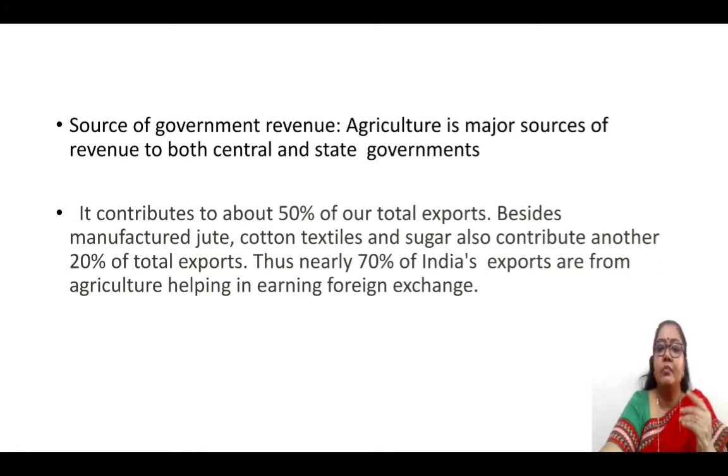So we have not just manufacturing sectors, we have jute, cotton textiles, sugar, etc. also contributing about 20% of our total exports. So 50 plus 20 adding up to about 70% of India's exports are basically from agriculture. So this again is contributing to the earning of foreign exchange for our country.